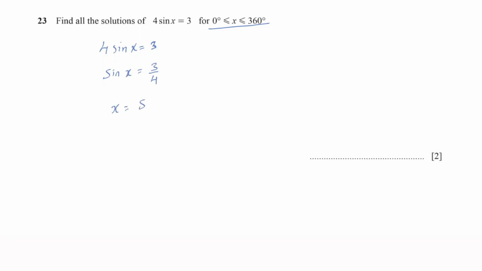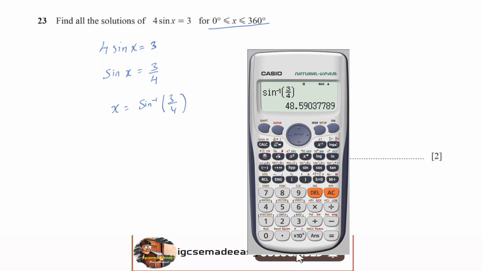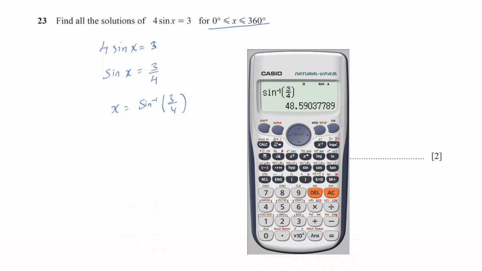So x equals sine inverse of 3 by 4. Let's pull out our calculator and find what sine inverse of 3 by 4 is. That is equal to 48.59, or we can write 48.6.